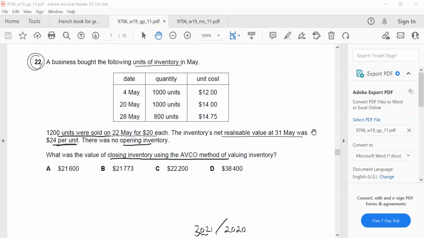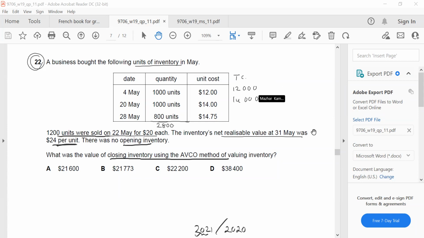Okay. Come on, AVCO method, you just have to see what would be your average cost of the inventory. First, let me see how many units of inventory do you have? 2,800. Correct? Can you give me the total cost of this inventory? This would be 12,000. This would be 14,000.